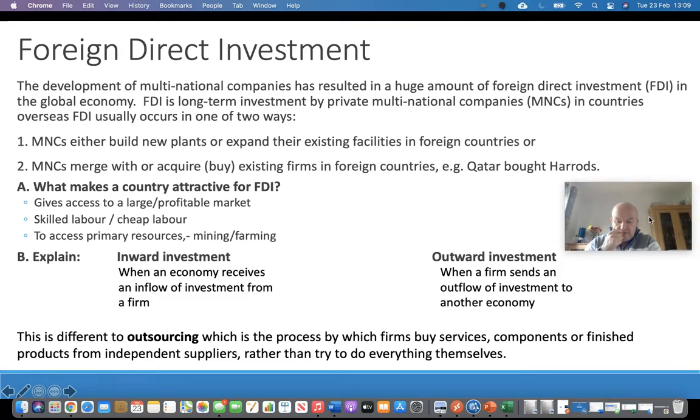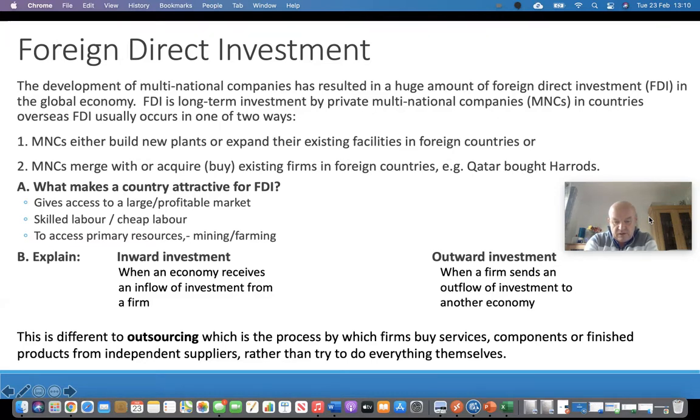Okay, now the other thing to bear in mind is that FDI is essentially a form of offshoring. So when we talked about the difference between outsourcing and offshoring, offshoring is basically where a country is actually investing directly into another part of the world, setting up a new factory, or buying or expanding their existing facilities, and or acquiring existing firms.